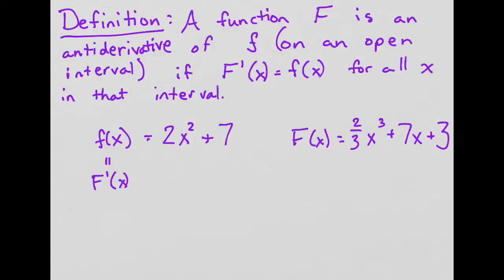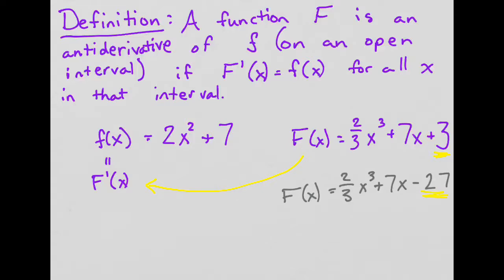So the derivative of capital F of x is this guy. But we also have maybe capital F of x is 2/3 x cubed plus 7x minus 27. That constant can be anything.